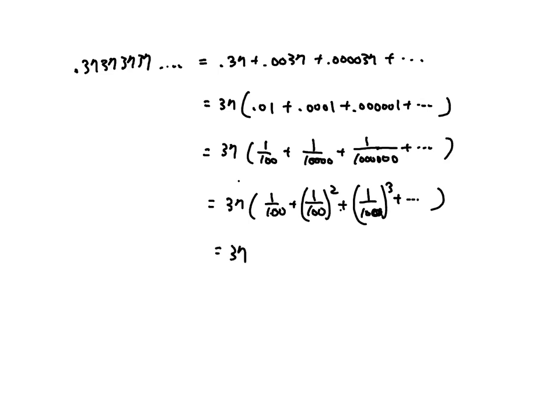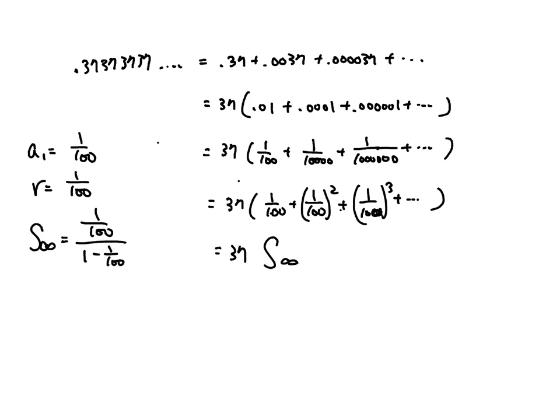And this right here is going to be a geometric sum. We can see that the first term is 1 over 100, and the multiplier is also 1 over 100. So the sum is going to be 1 over 100 divided by 1 minus 1 over 100, which is 1 over 100 divided by 99 over 100.